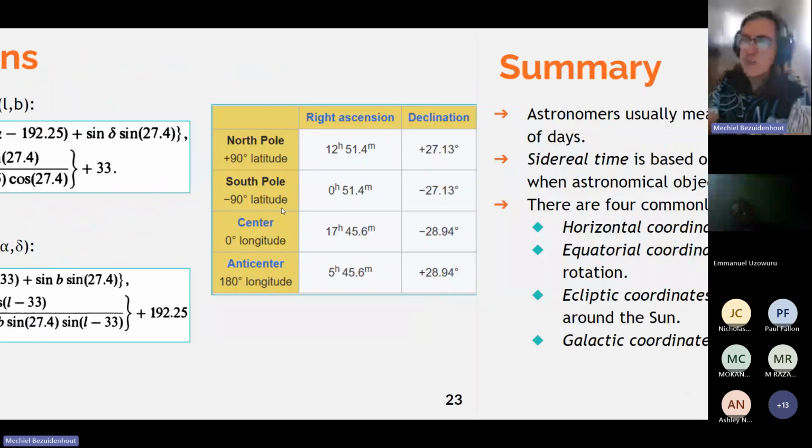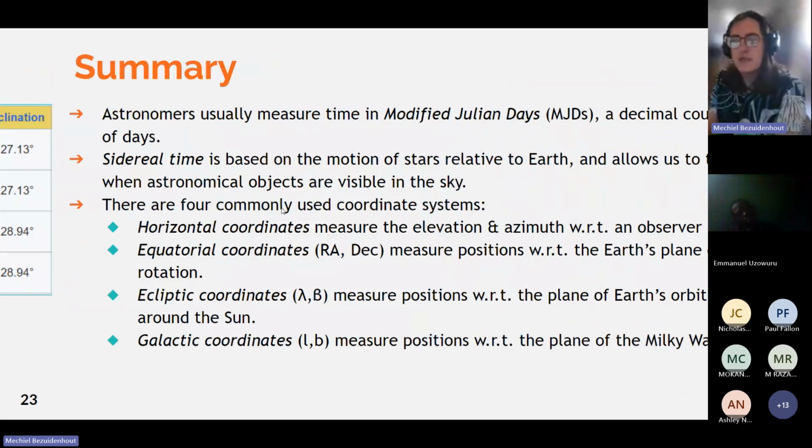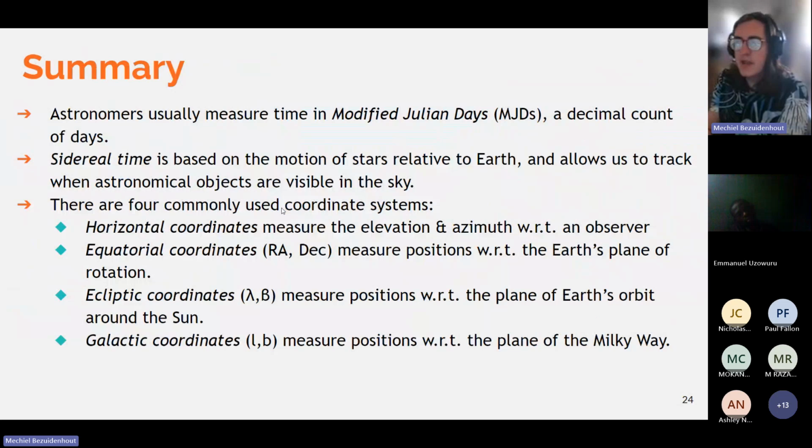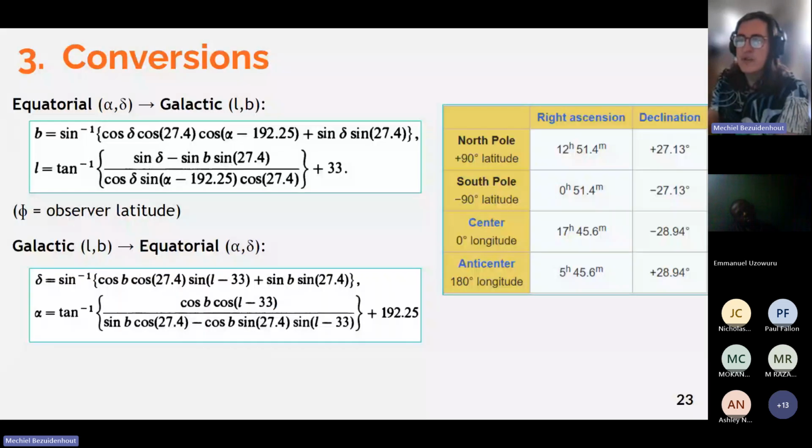It's useful to have these equations within your arsenal. Sometimes I've had to use them by hand just to try to understand exactly what I'm doing. But in general, nowadays, you don't have to do these by hand. You can use AstroPy to do them automatically.